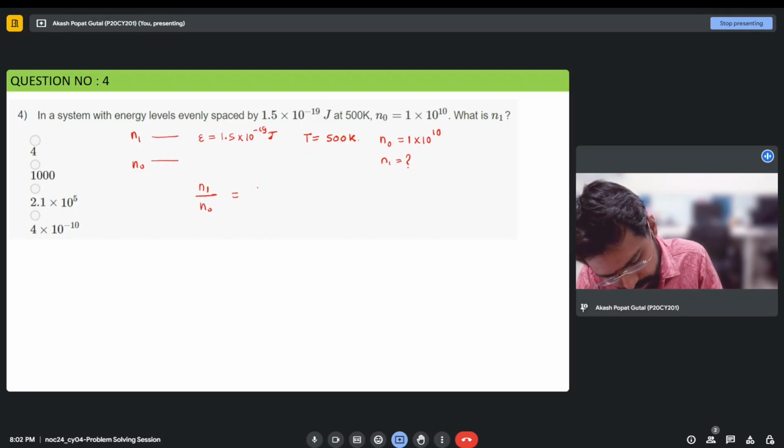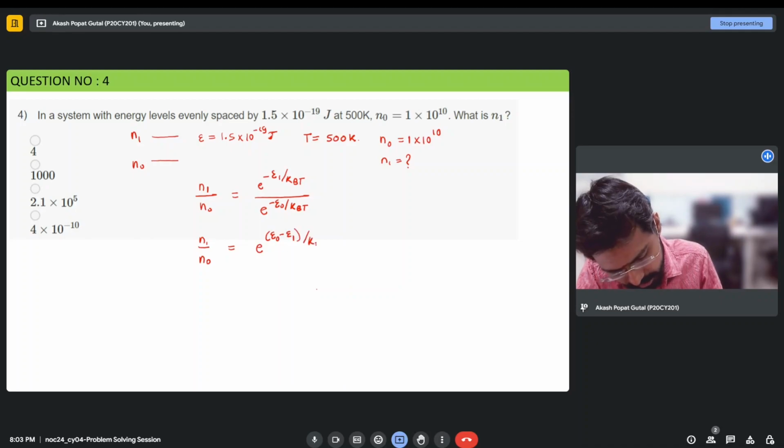N1 by N naught is equal to e raised to minus E1 by kBT divided by e raised to minus epsilon naught by kBT, which will give you N1 by N naught is equal to e raised to epsilon naught minus epsilon 1 by kBT.